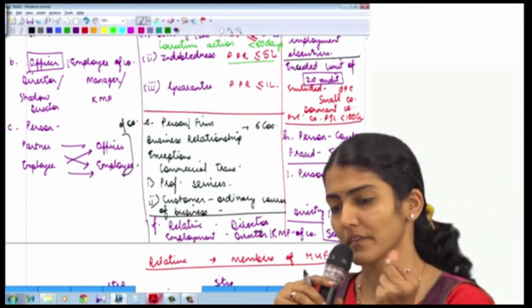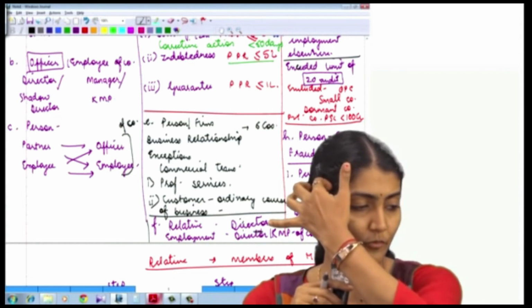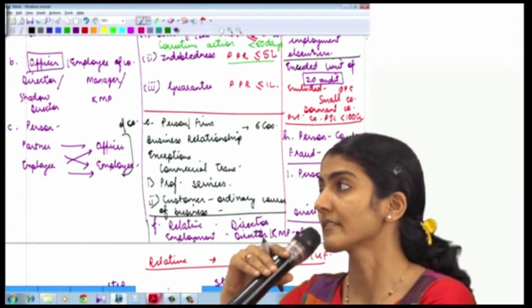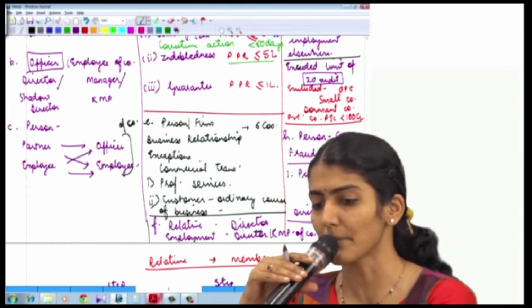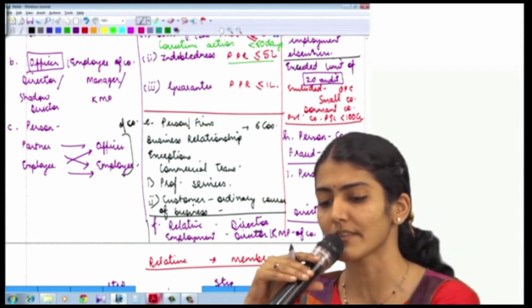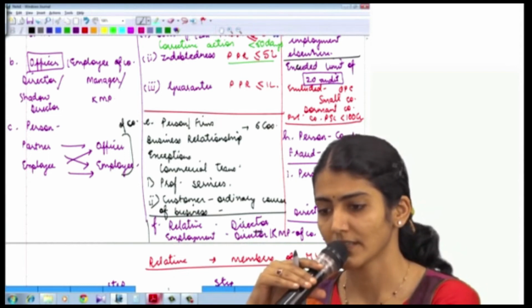Exceeded limit of 20 audits, or if he's exceeded the ceiling limit of 20 audits per person, excluding 1-person company, small company, dormant company, private companies having paid up share capital of less than 100 crore. Done, everyone?